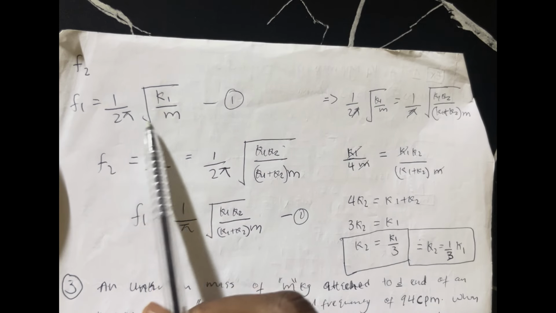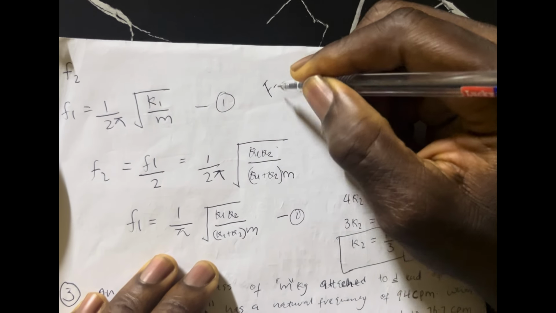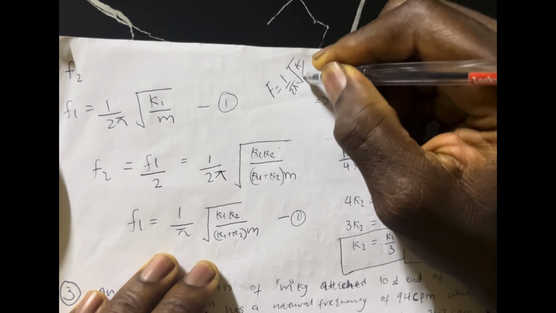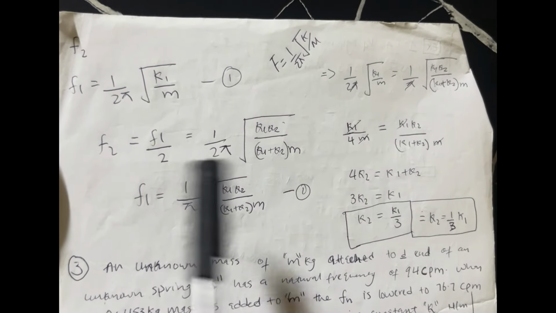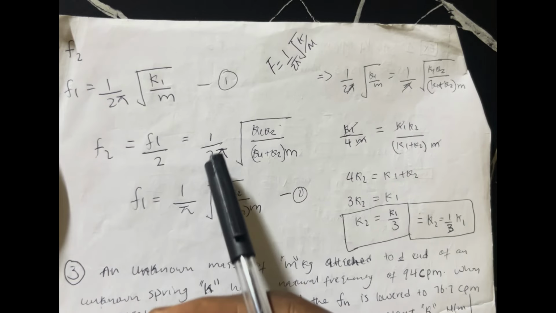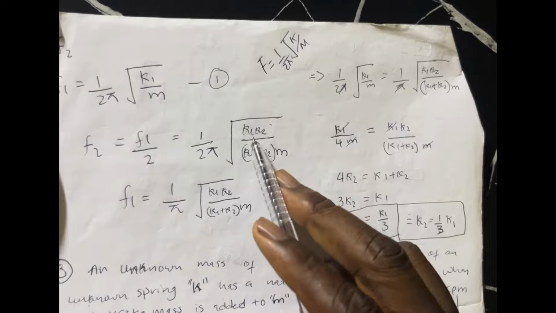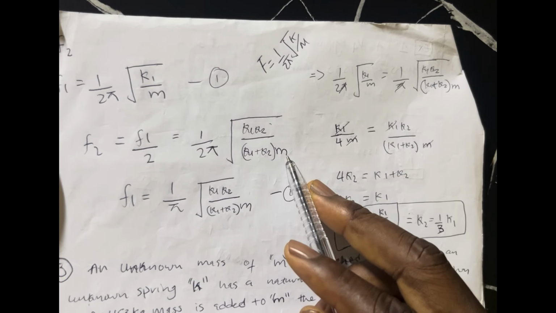Initially, we know the formula for natural frequency is F equals 1 over 2 pi square root of K over M. So that's the formula for F1. We know that F2 is F1 over 2, which is also K equivalent over M, and we obtain K equivalent to be K1 K2 all over (K1 plus K2) M.